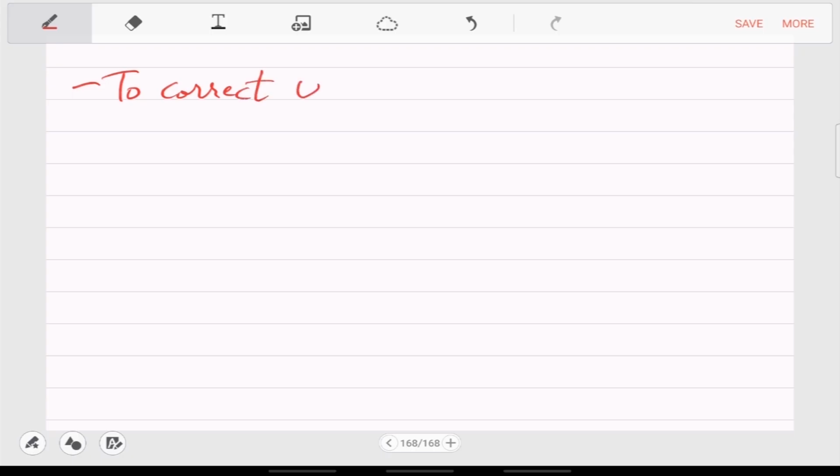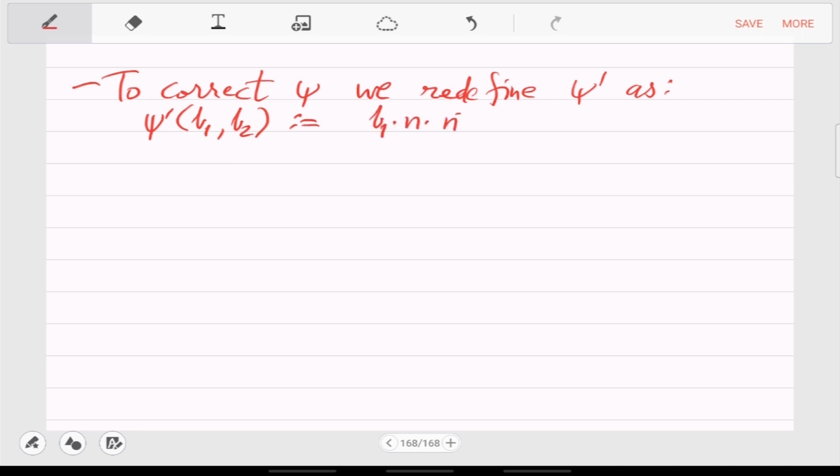So to correct psi, we redefine psi prime as, so psi prime of b1, b2 will be b1 times n times n inverse mod m plus b2 times m times what?